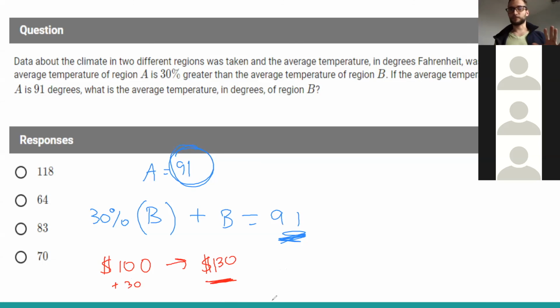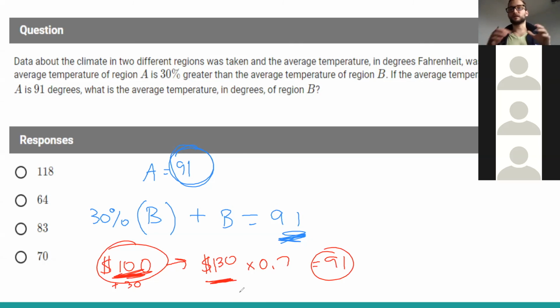Everybody understands that, right? I have 100, you've got 130. Your question is, why can't I just take 91 and multiply it by 70%? Well, it's the same thing as taking 130 and multiplying it by 70% to take me back down. If I take 130 times 0.7, that gives me 91. That's not 100. It doesn't take me back because you're taking 70% of the bigger number.